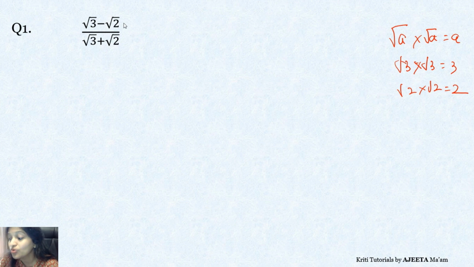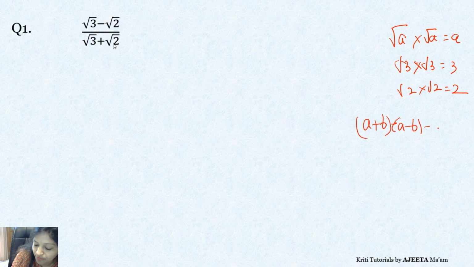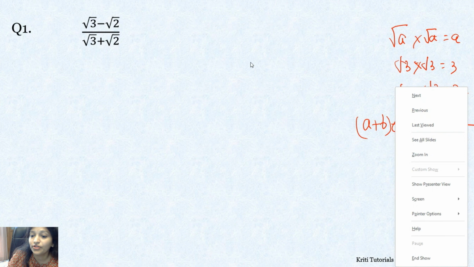So let us think what shall we do here so that we get the squares of root 3 and root 2. If you just imagine, there is an identity which is a plus b into a minus b, which makes it a square minus b square. Right? This identity you all know. So now if I multiply this root 3 plus root 2 with the opposite sign, that is, here we have a plus sign and we multiply it by a minus sign, then we can get the squares, correct?